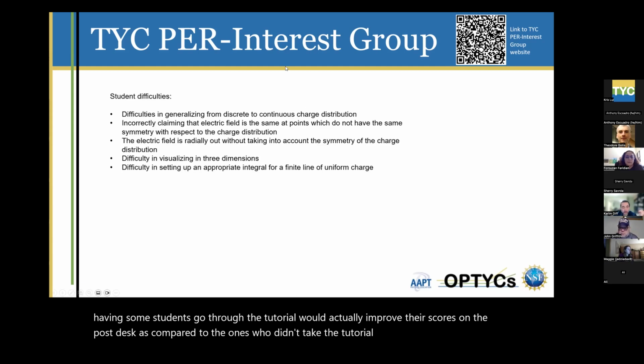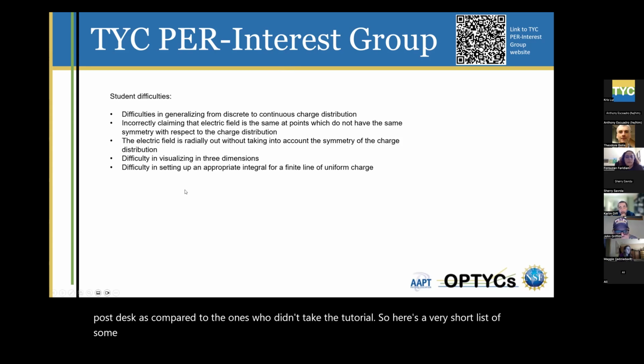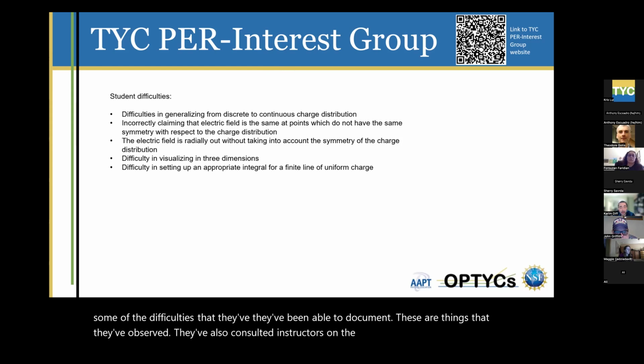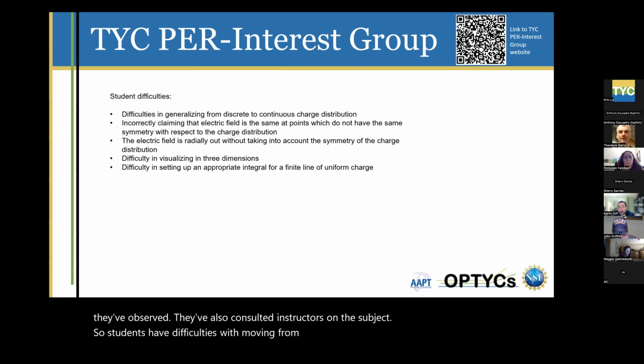So here's a very short list of some of the difficulties that they've been able to document. These are things that they've observed. They've also consulted instructors on the subject. Students have difficulties with moving from discrete to continuous charges.